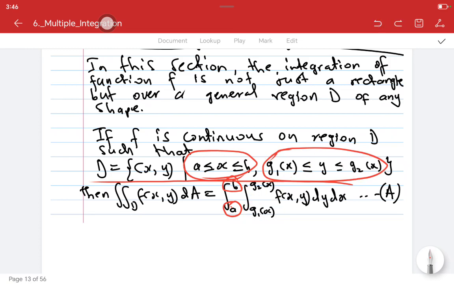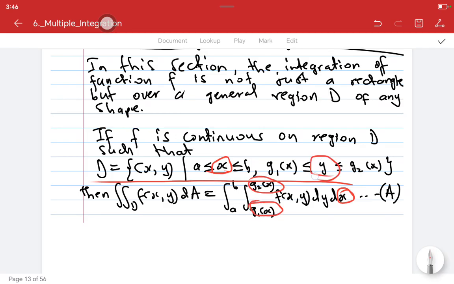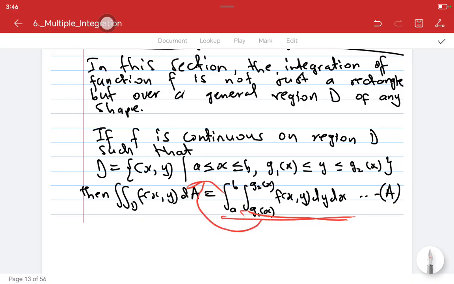Now let's check this. We realize that the one which is outside is with respect to x, so outside we're going to put x. The one which is inside is with respect to y, so we'll put y inside. So again, how do we move from here to a region?